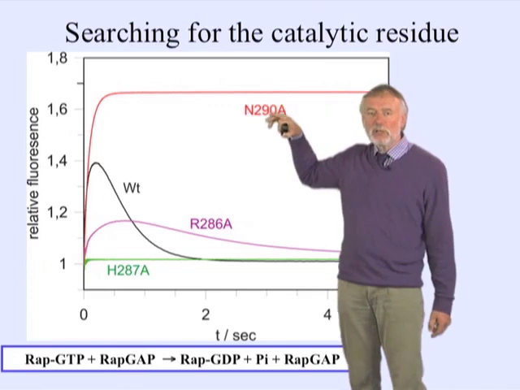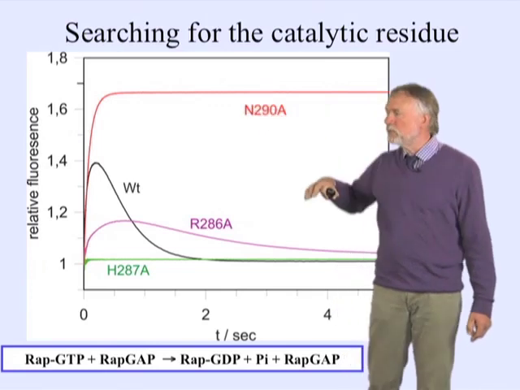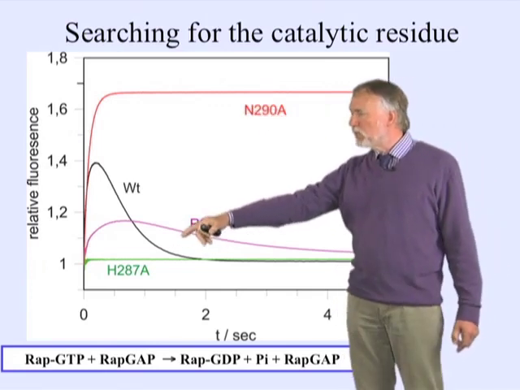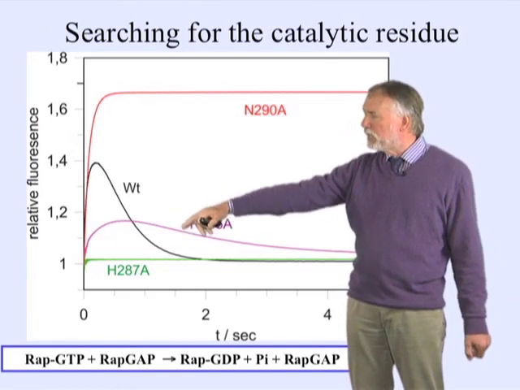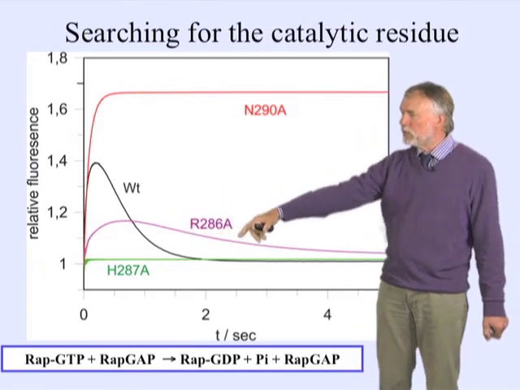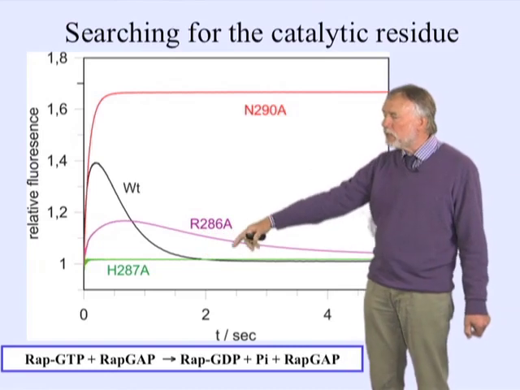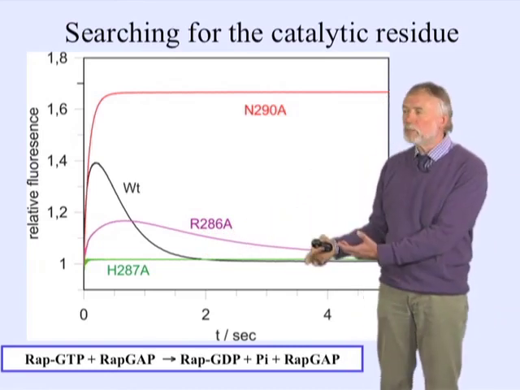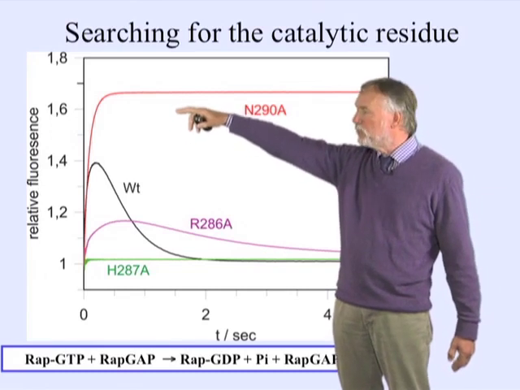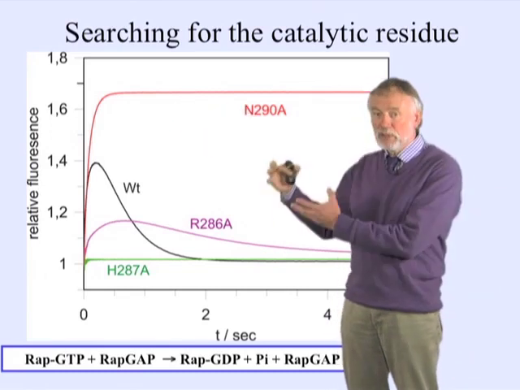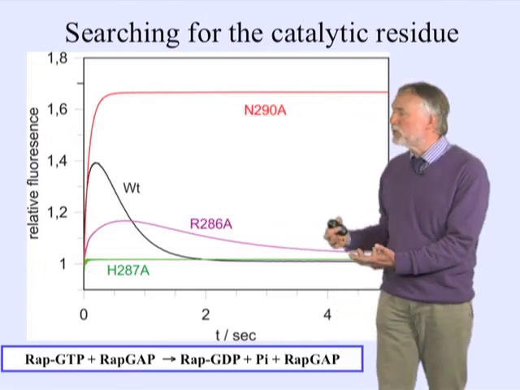The reaction goes on and on. It stays up there. It never goes down. Whereas if you make a mutation like H287 to alanine, you see that there is no complex formation because the fluorescence stays down here. So that reaction is dead because they cannot bind, but the N290 reaction is dead because we think this is the important catalytic residue. We think that from looking just at the biochemistry.